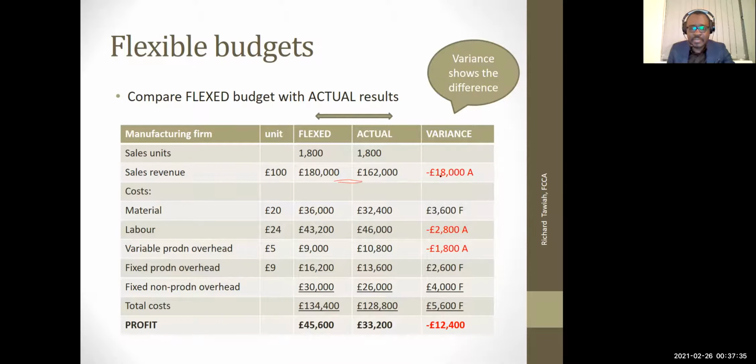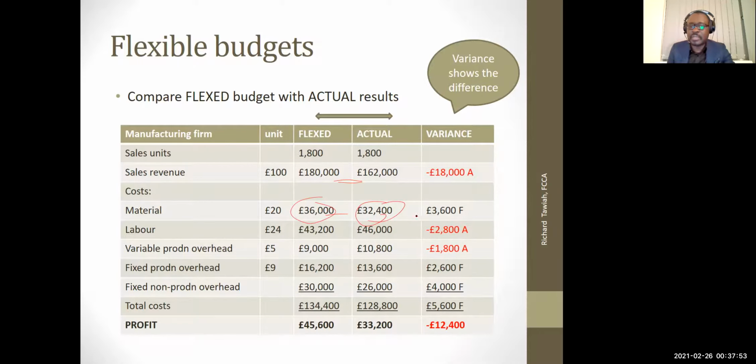It is adverse. Don't use the same analysis here, that this was also lower so it should also be adverse. No, we are dealing with revenue, a different angle. We are now dealing with cost. Here you can realize that actual cost dropped as compared to what we flexed.